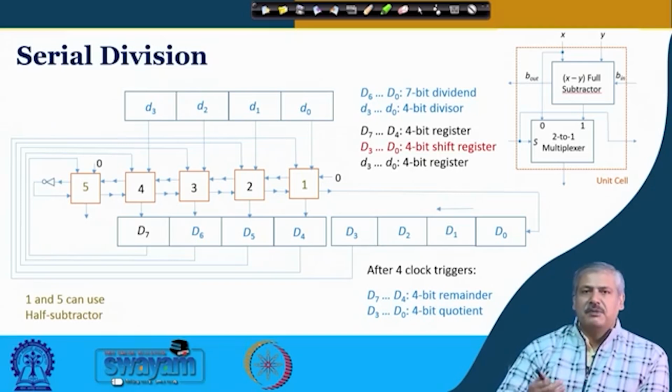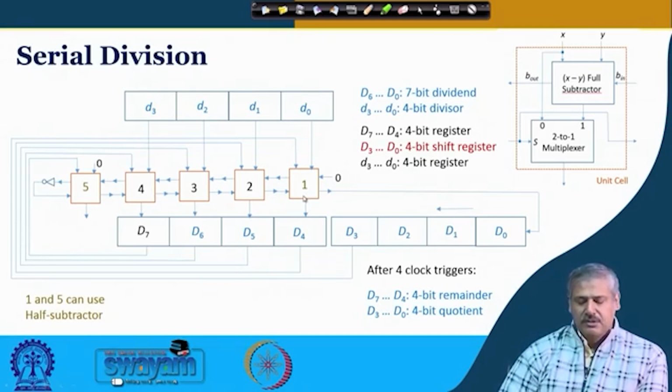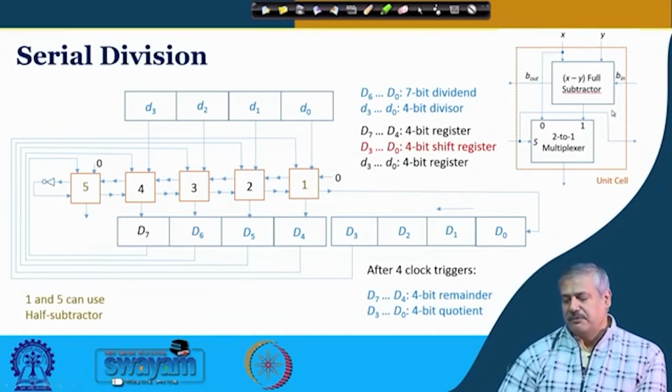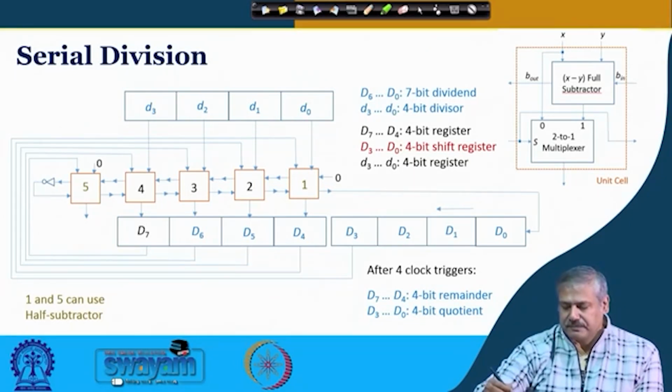And as we had mentioned in the previous case, here also this 1 and 5 could use half subtractor instead of full subtractor. Again I say that we are following the division paradigm that we had used in the combinatorial logic circuit based divider circuit discussion. So, please refer to that and then come back here, it will be easier for you to follow.